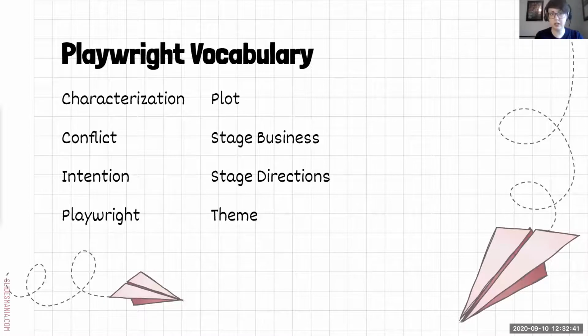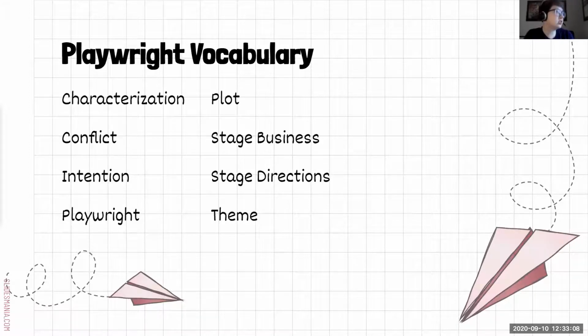It could be laying down, right? So if blocking is physical movement, stage business might not necessarily require a big movement, but the actor's doing something. And it tells us something about their character based on what they're doing.